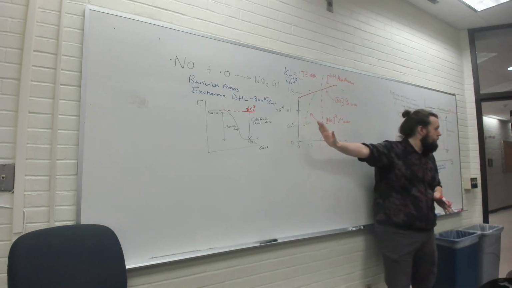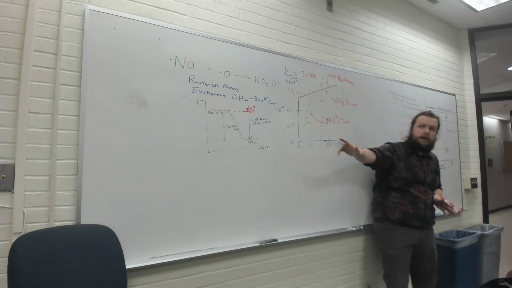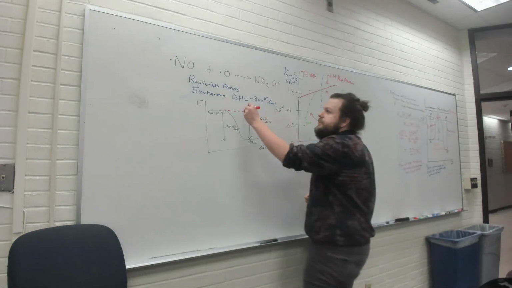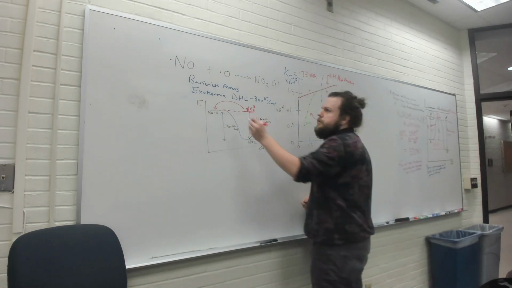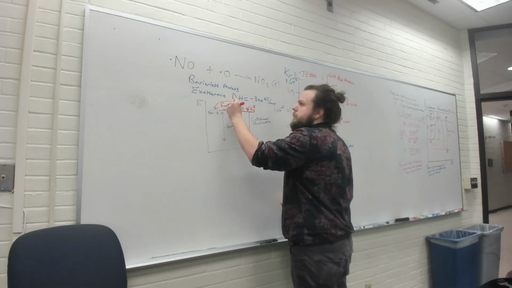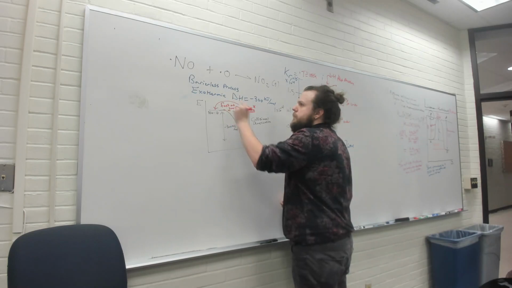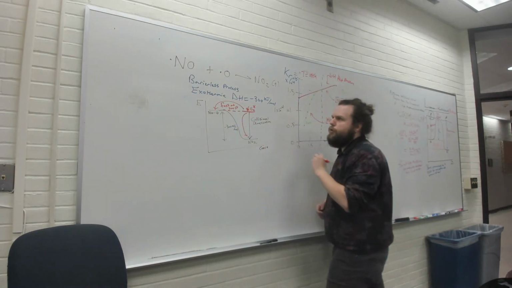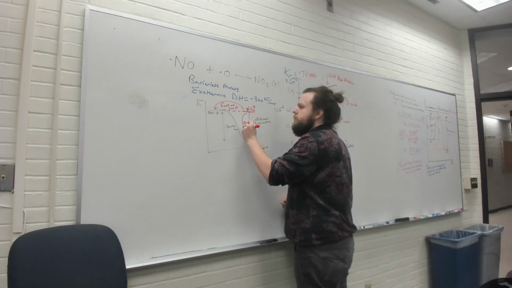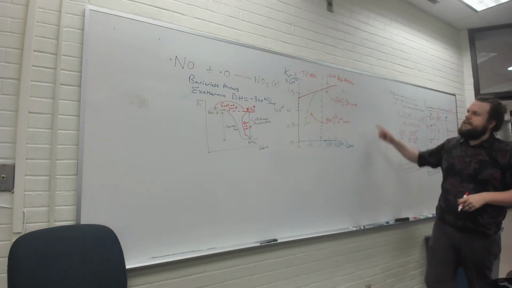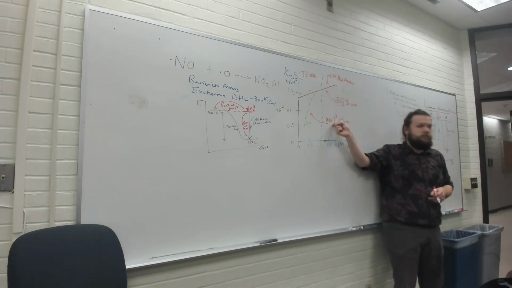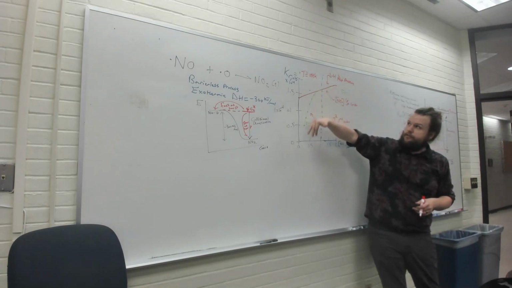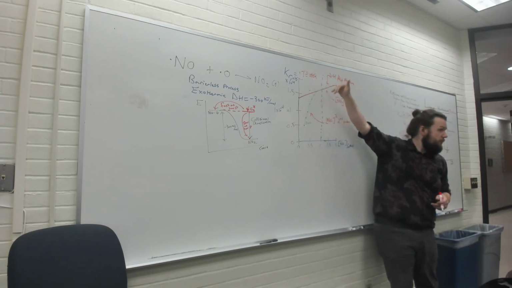But there's going to be a low pressure regime at some point where the rate of going backwards is faster than the rate to cool. In that case, we get to the low pressure limit, which is second order. And so you have this quadratic dependence of the rate on concentration.